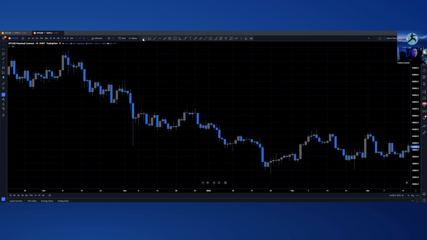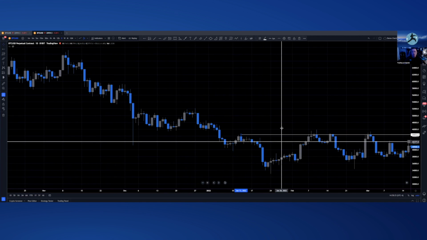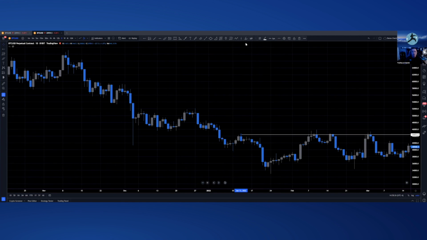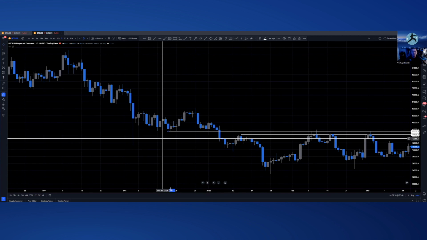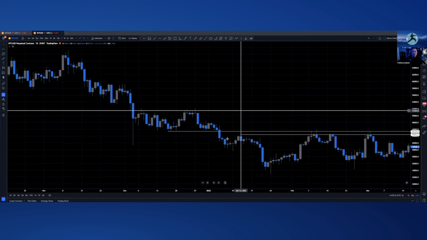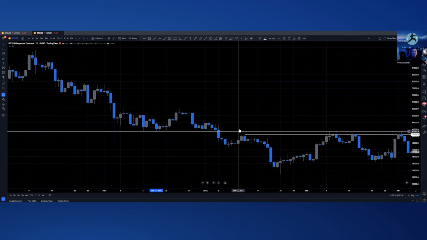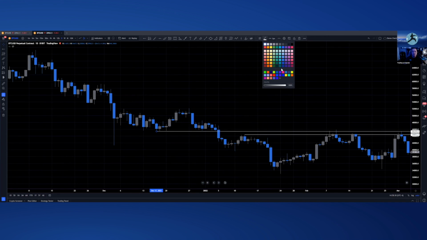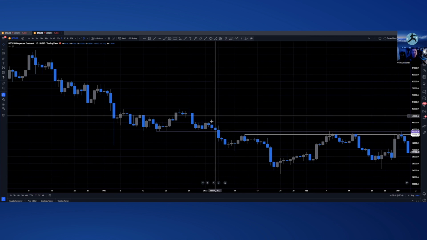Here's one. Here's this one. And then we can use this one. Okay. So this one, color purple. Now I'm gonna leave white.